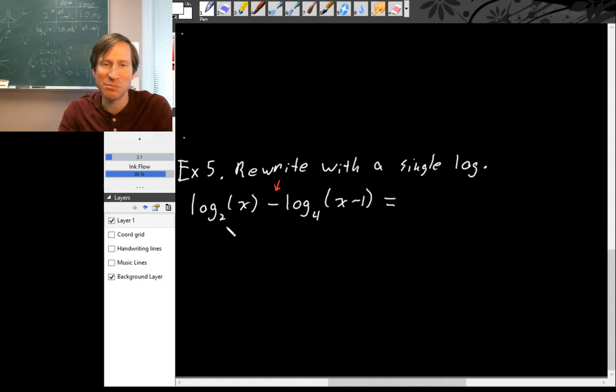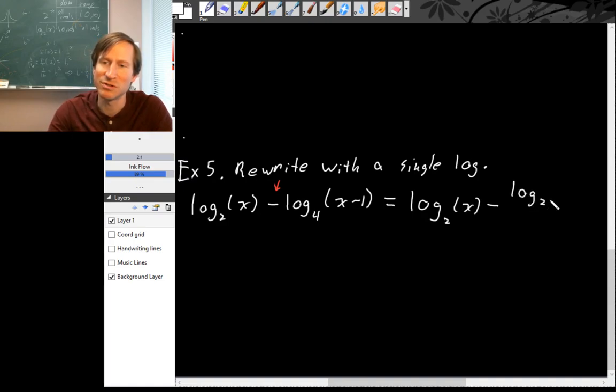We can either switch log base 2 to 4 or switch log base 4 to 2. It's sort of up to us. And I'm going to switch log base 4 to 2 for no particular reason. So log base 2 of x minus, so I'm going to switch this logarithm to log base 2, so log base 2 of x minus 1.